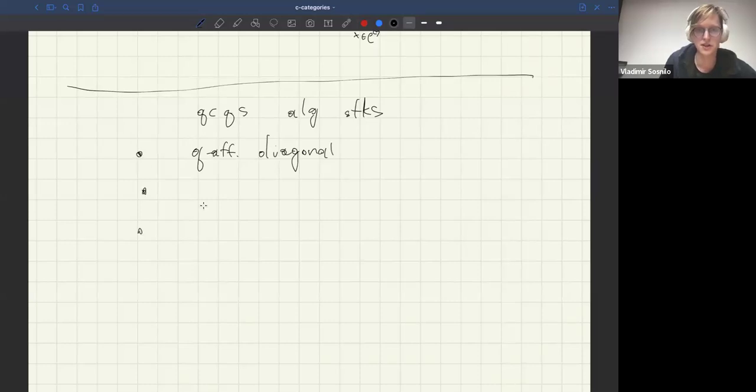And then there are two conditions. One is some version of crispness, like Aleph-0 crispness, so compact generation of QCoh. But the other condition is somewhat subtle.